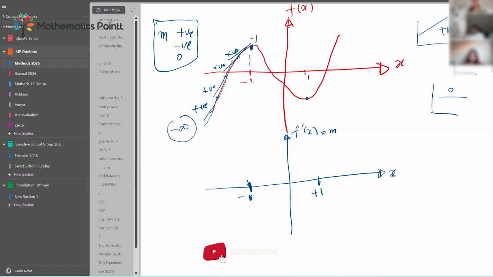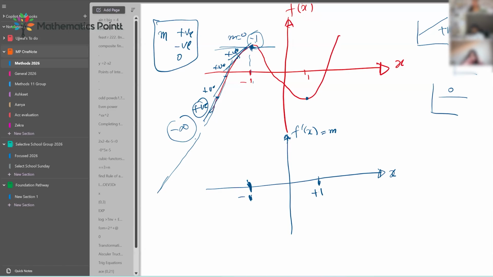So from negative infinity to -1, not at -1, just before -1, the slope is positive. The slope is very sharply positive when I am coming from negative infinity, and it slowly starts to become less positive, and eventually at x equals -1, the tangent becomes parallel to the x-axis and slope becomes 0. Yes or no? Correct? Is this the right statement?